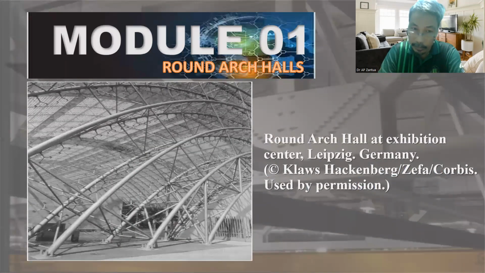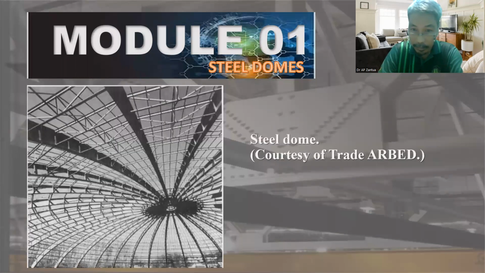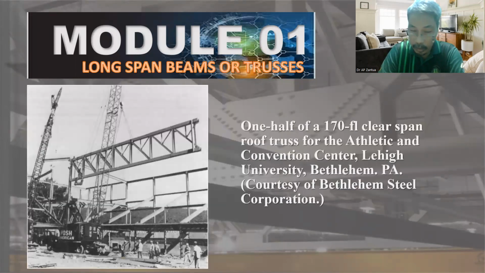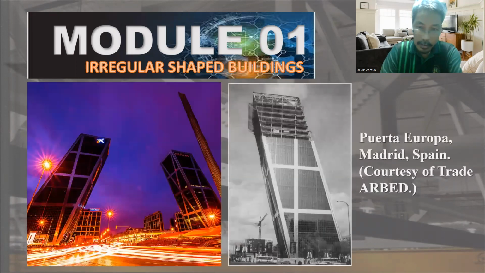So take a look at these steel elements that make up the arch, that make up the dome, steel elements that make up possibly this is chord, no? And the chord is what? Truss. Okay. So make up the irregular shape building. So we have so many different steel structures there. Truss component, column.